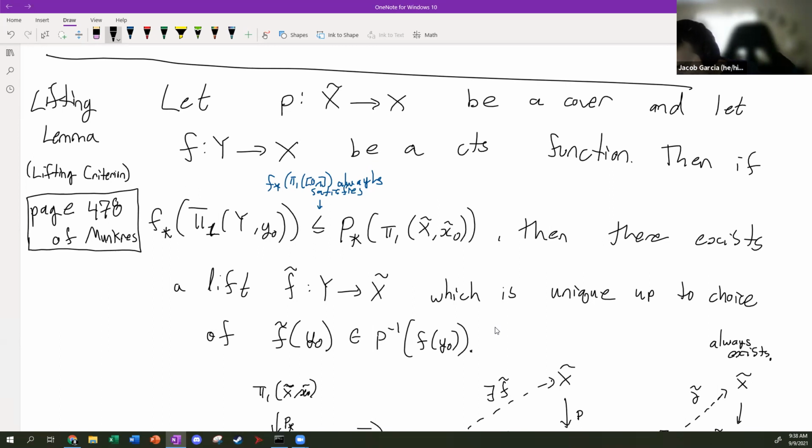Although if I remember what this lemma doesn't say, let me write this in red.